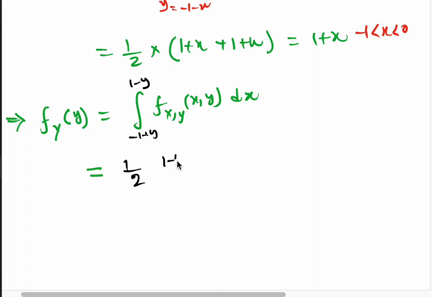So this is 1 minus y minus 1 plus y plus 1 minus y, which gives 1 minus y.